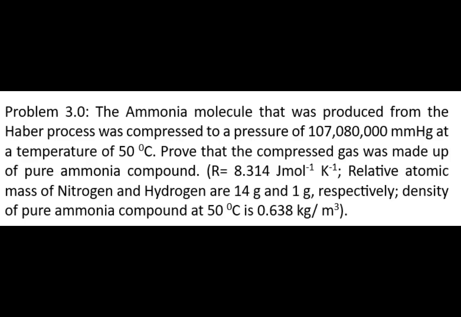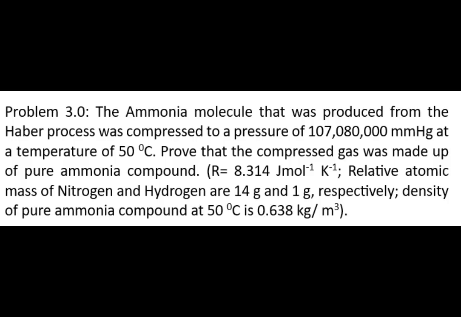Problem 3.0. The ammonia molecule that was produced from the Haber process was compressed to a pressure of 107,080,000 millimeters of mercury at a temperature of 50 degrees Celsius. Prove that the compressed gas was made up of pure ammonia compound.